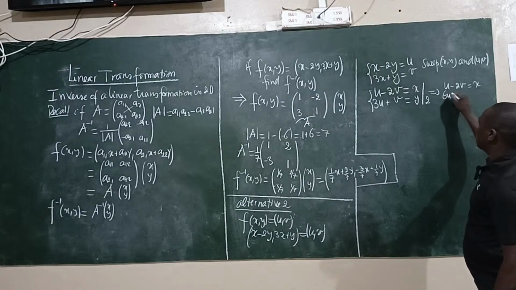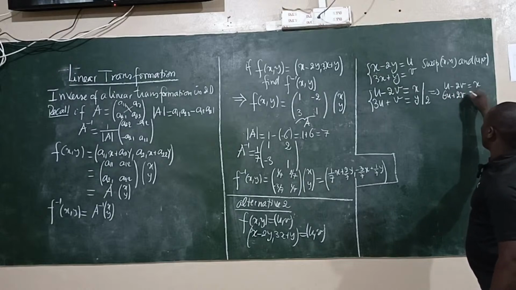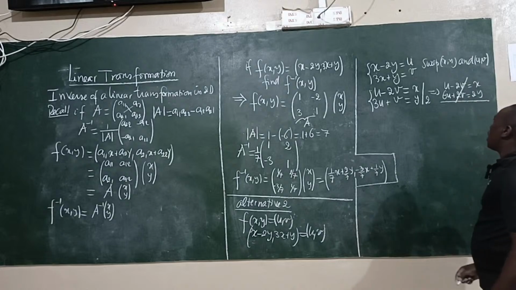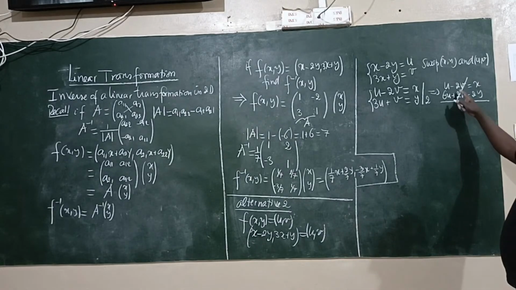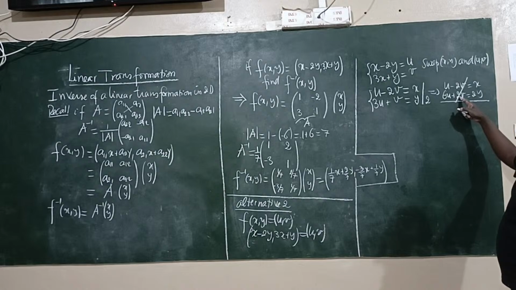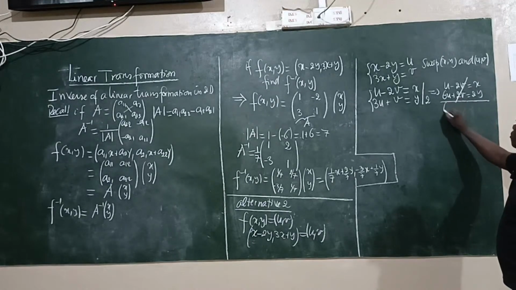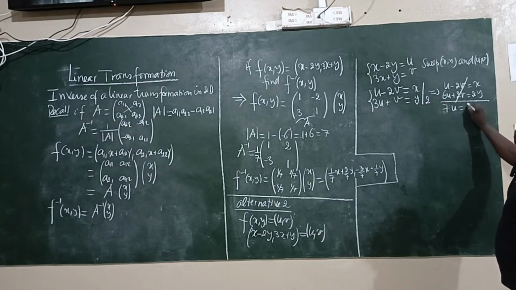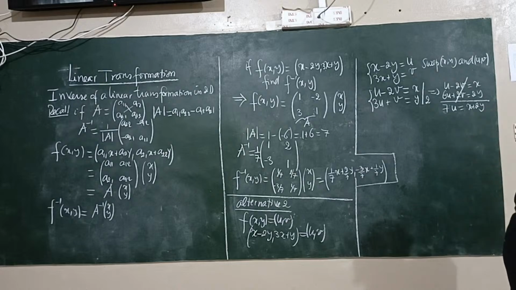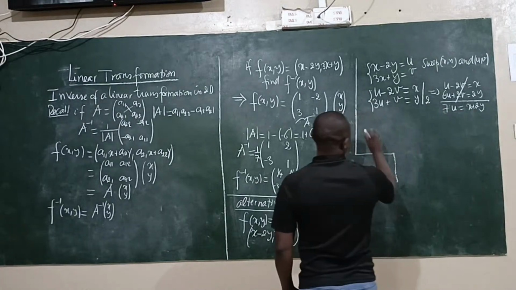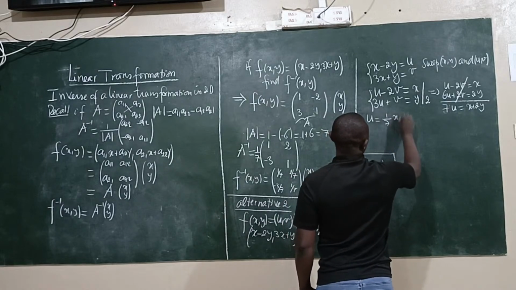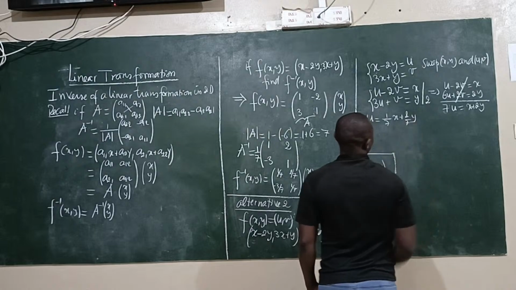We have 6u plus 2v, which is 2y. Now summing these two equations, I'm going to have this. We vanish this. That's why here we have 7u, which is x plus 2y. And as you see, here u is going to be 1 over 7 times x plus 2 over 7 times y.